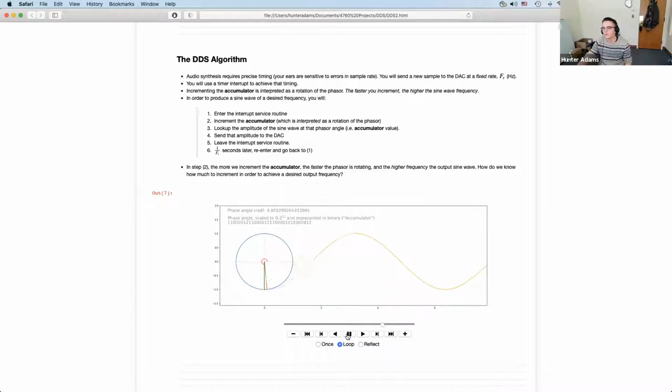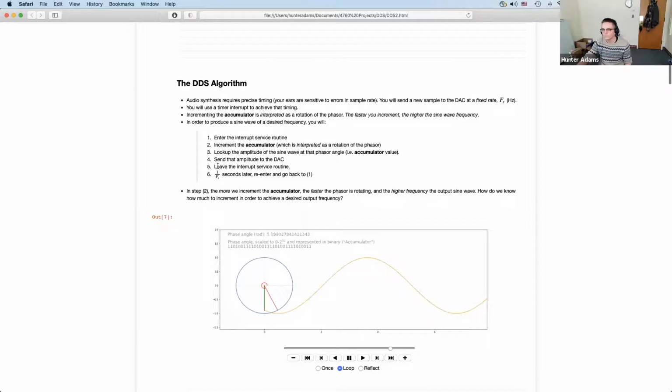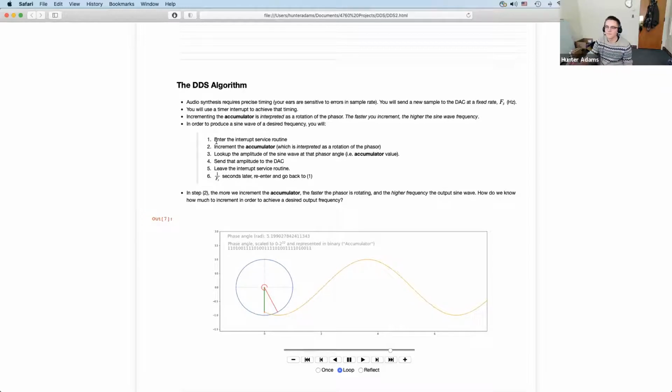Okay, so why is that useful? This allows us to produce a sine wave of a very precise frequency by going through the following steps. As I said, I'm going to talk through each of these steps individually, but I want to introduce them first. You've all seen this by now in the demo code. To produce a sine wave of a desired frequency, you first enter an interrupt service routine.